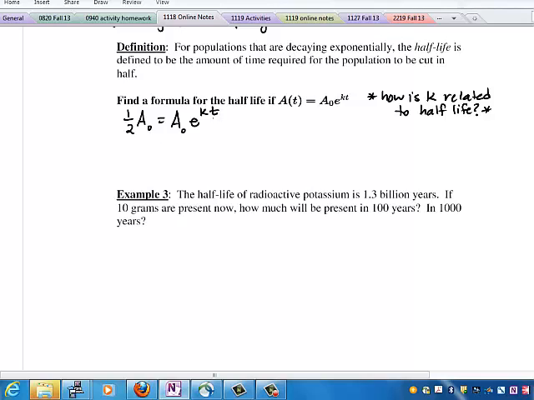To figure out what k is and how it's related to t, we first divide by a sub 0, so we have 1/2 equals e to the kt. Then we take the natural log: the natural log of 1/2 equals kt. The k value then would be the natural log of 1/2 divided by t, where t is the half-life.